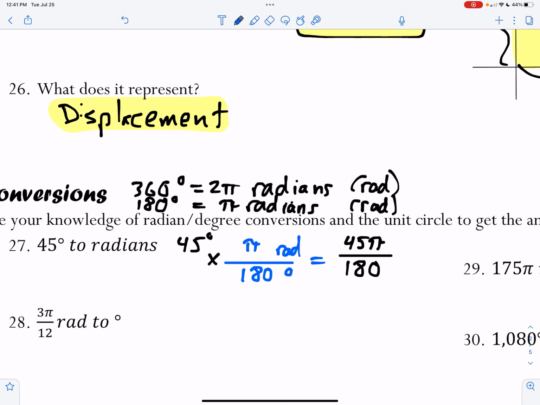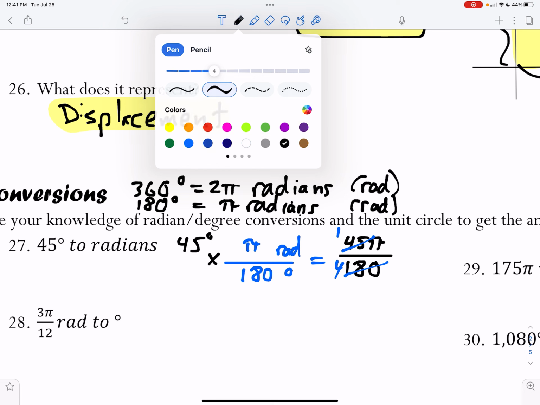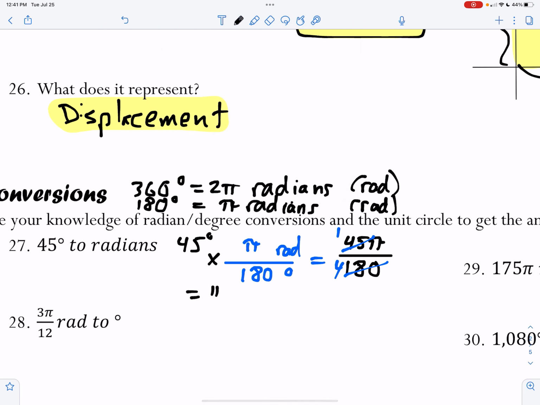So I would basically reduce this into 1 pi over 4 or pi over 4 radians. Right? If you've had some work with trigonometry, you would know that to be, right, the 45-degree angle.